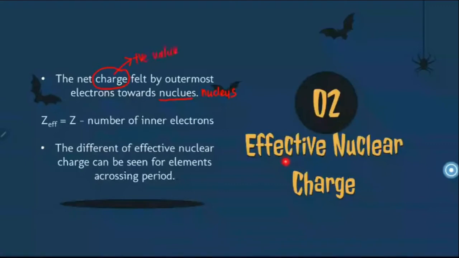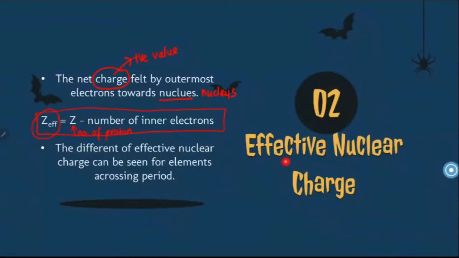To calculate the positive value, we need to use this formula. ZEFF here is the symbol for effective nuclear charge. Effective nuclear charge is equal to Z, where Z is the number of protons of your element, minus the number of inner electrons.